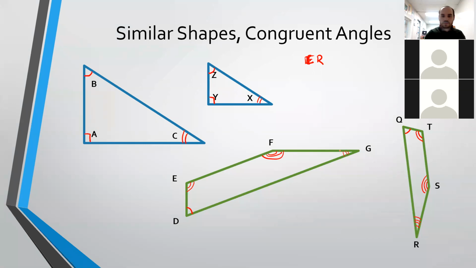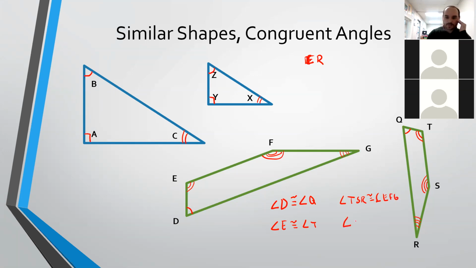2, 3, 4. So if I were writing these out using some of our new notations, I could say angle D is congruent to angle Q. You could say angle E is congruent to angle T. I could say angle TSR is congruent to angle EFG.